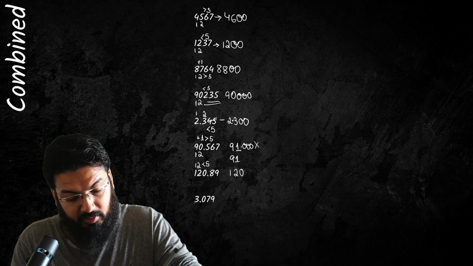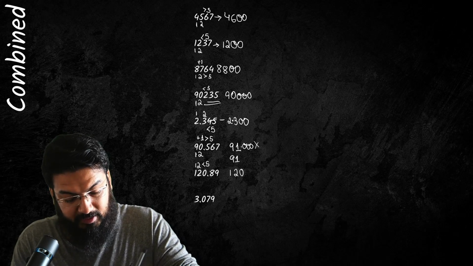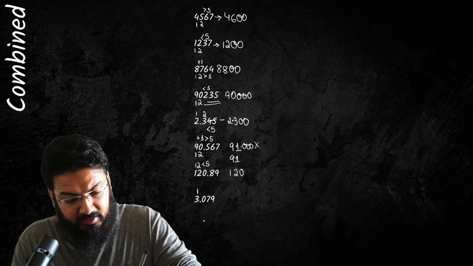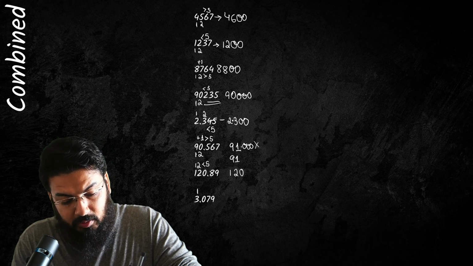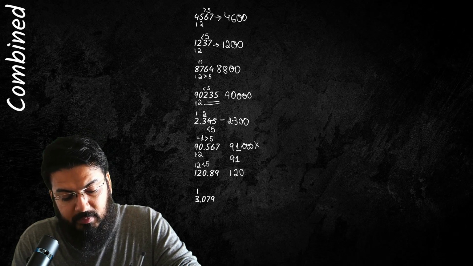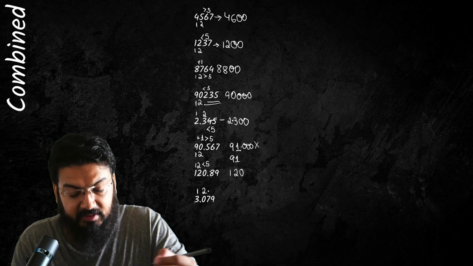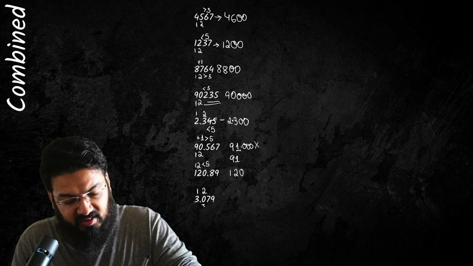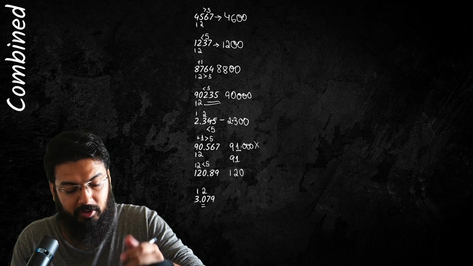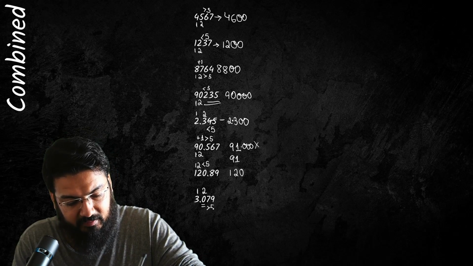3.079. So 3.079 is going to become what? Very simple. My first significant figure, and the 0 in between the non-zero digits. So it's in between 3 and 7. That's going to be significant as well. So the 0 is significant. So 3.0, and then next you have a digit greater than 5.